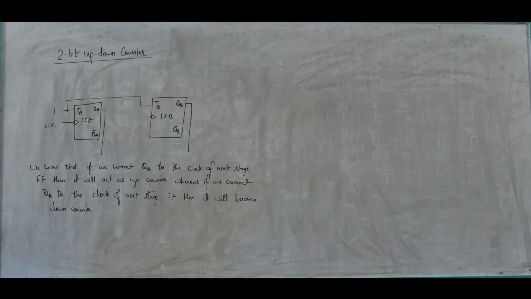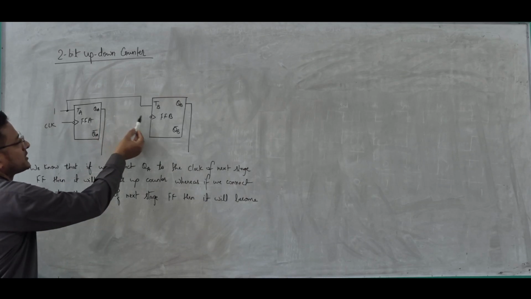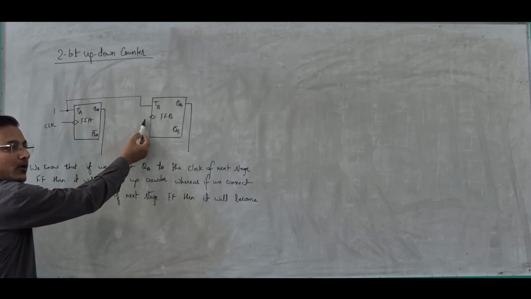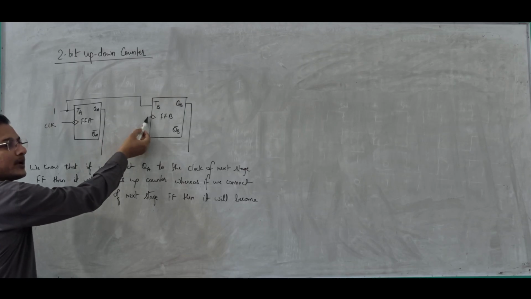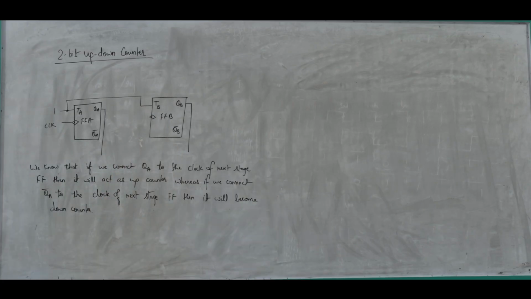You got this, sir? It means if this QA line is my feed variable, it will become an up counter, and if QA complement is the feed variable, it will become a down counter.